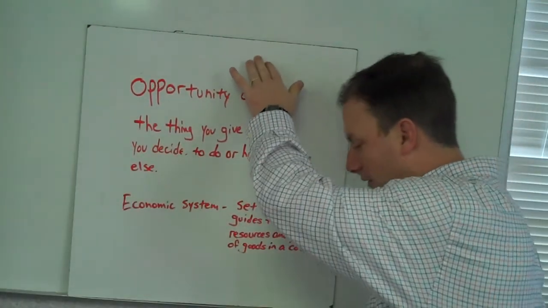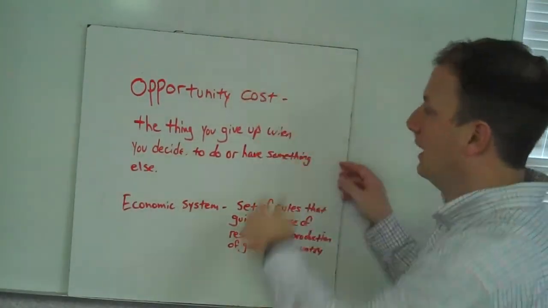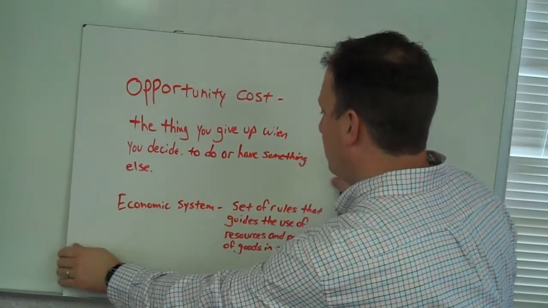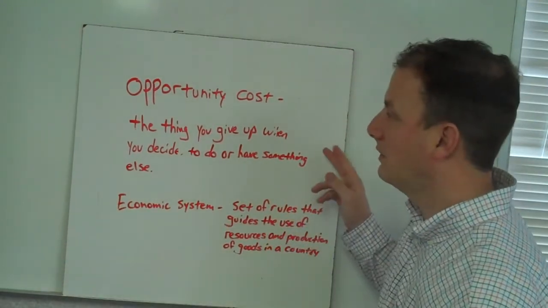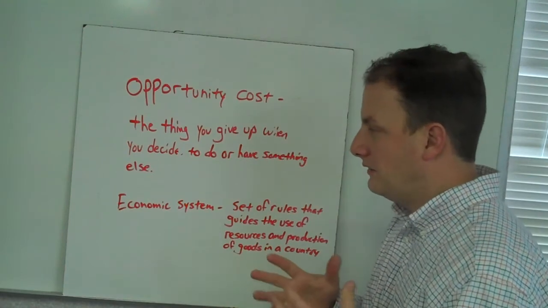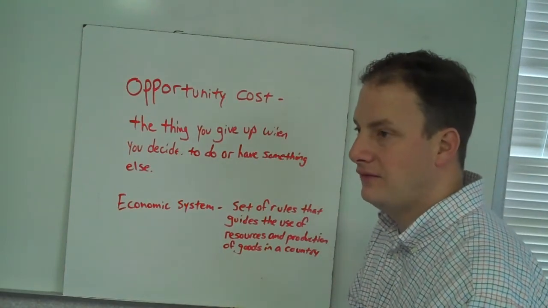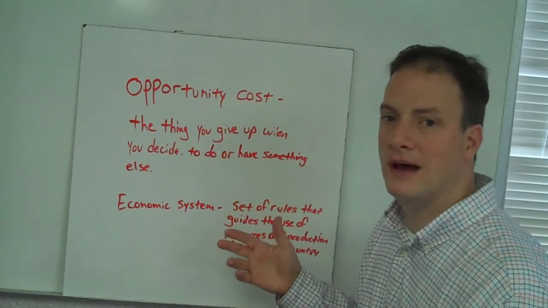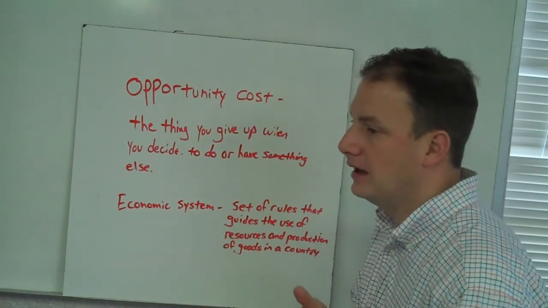Okay? Next, opportunity cost. Opportunity cost is the thing that you give up when you decide to do or have something else. For example, let's say that I have $50 and I'm at Walmart and I want to buy a Wii game. Okay?